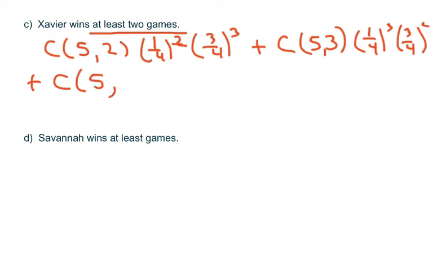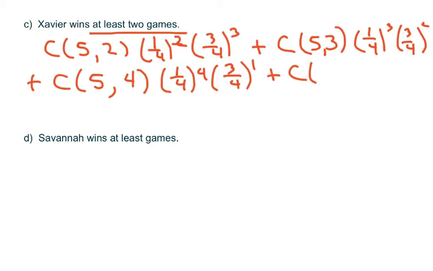You could actually go the opposite way. So he wins 4. That means Savannah only wins once. Or he wins all of them. And so I'm just going to put 1/4 to the 5th. Well, 3/4 to the 0 is what? 1.